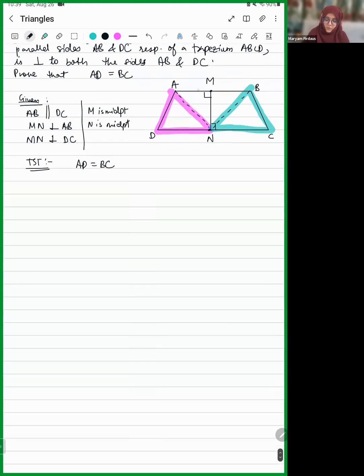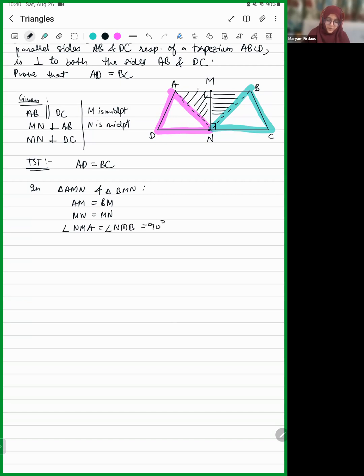Now can we prove these two triangles as congruent? Let's try to prove these two triangles first. We have AM equals BM. Then we have angle NMA equals angle NMB, 90 degrees each, and MN equals MN, common.